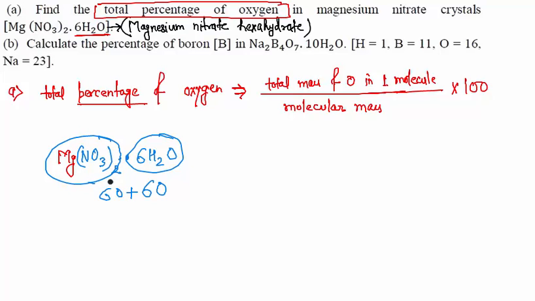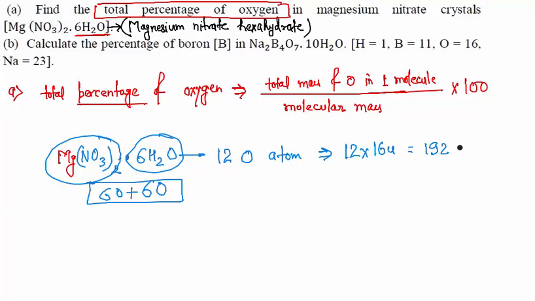So in total you have 12 oxygen atoms in this compound. 12 oxygen atoms means how much mass? Each oxygen atom mass is 16 U, so 12 into 16 is 192 U.